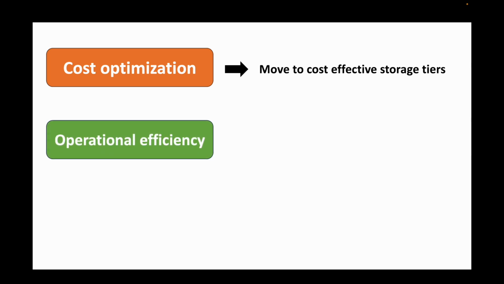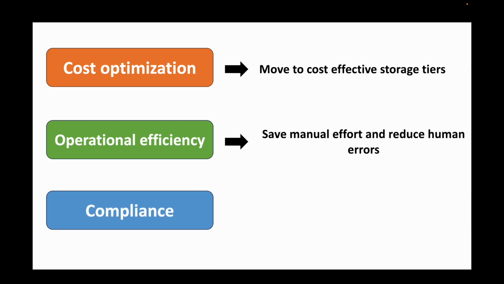Second is your operational efficiency. By automating transitions and enabling automatic deletions, we can save on the manual effort and also reduce the possibility of any human errors. And the third we have is your compliance. We can set the data for automatic deletion after a certain number of days or after a compliance period.